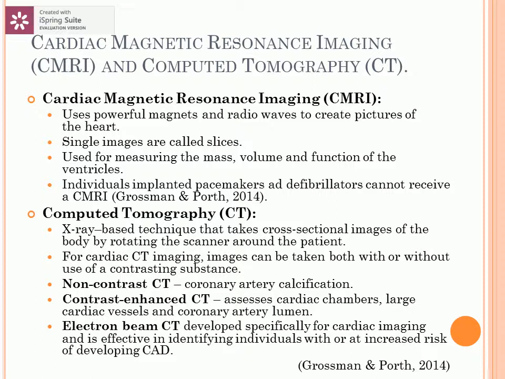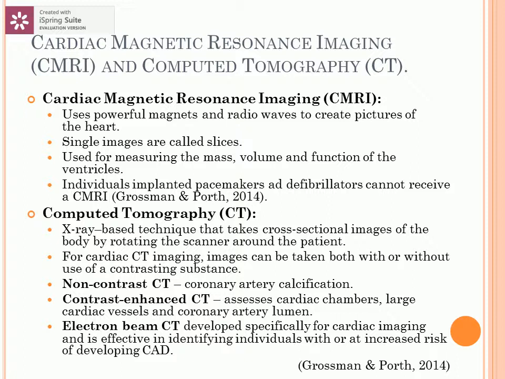Computed tomography is an X-ray based technique that takes cross-sectional images of the body by rotating the scanner around the patient. For cardiac CT imaging, images can be taken both with or without the use of contrasting substance, so something that's injected into the arteries or up to the heart.